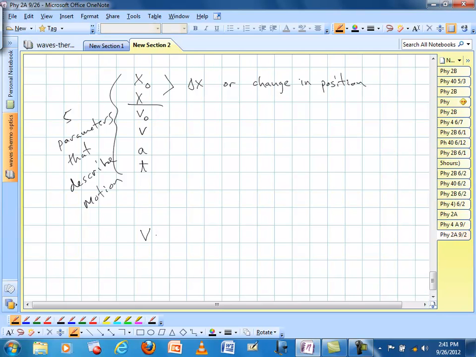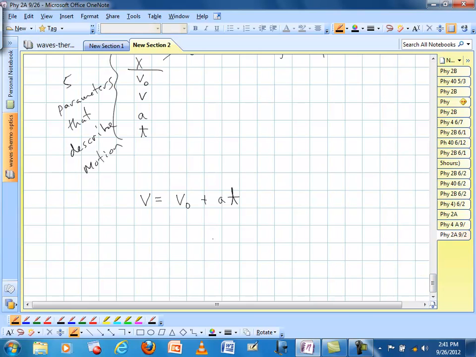We've got our final velocity is equal to the initial velocity plus acceleration times time. We've got an average velocity is just equal to v initial plus v final over 2.